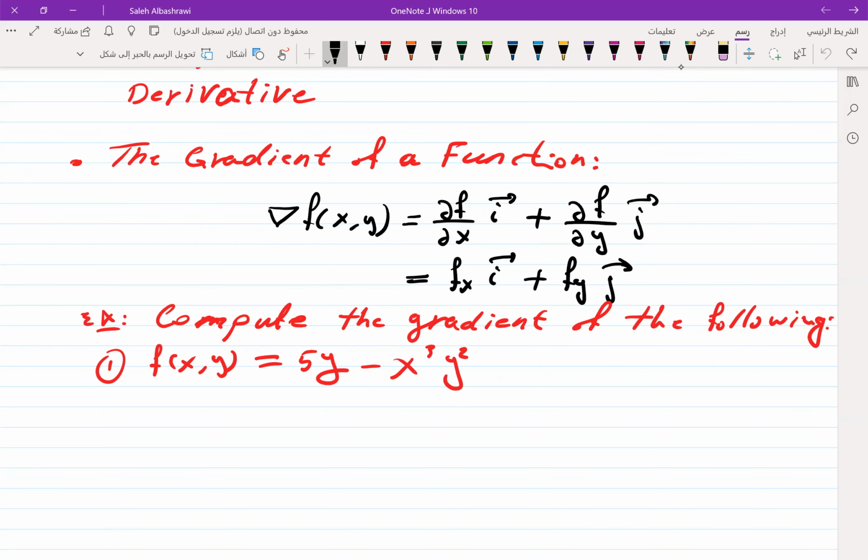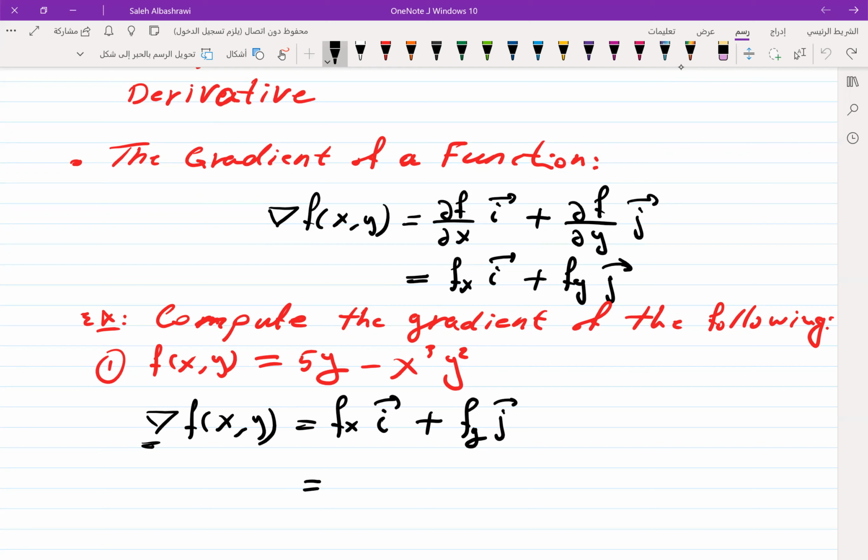So the gradient is given by nabla f of x, y equal to f sub x i plus f sub y j, the partial derivative with respect to x and the partial derivative with respect to y.